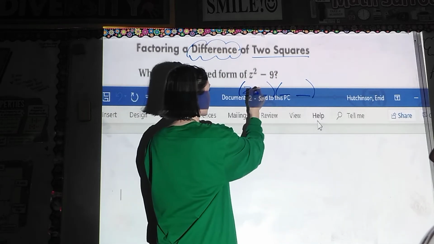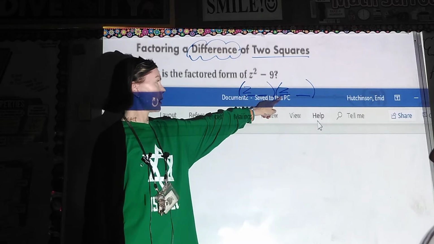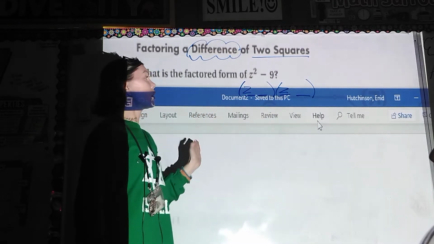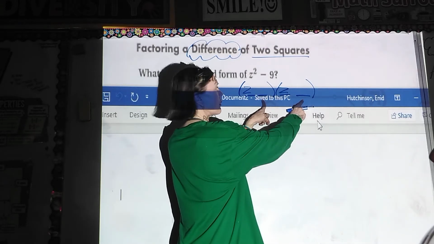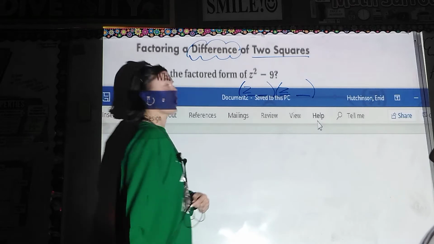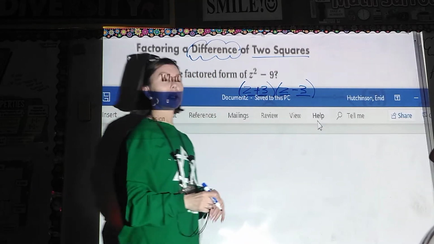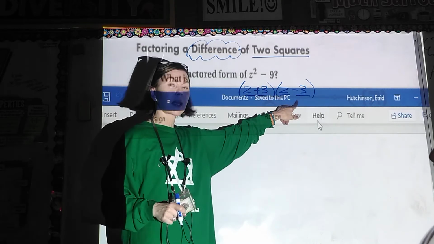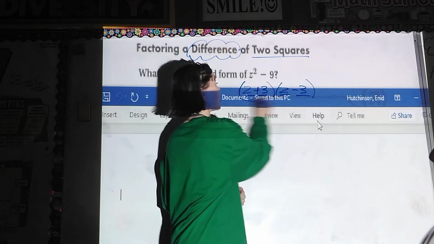Well, that's going to be z and z, because z times z is z squared. Now all you have to say is what times what gives me a negative 9? Well, that's going to be a positive 3 and a negative 3, because a positive times a negative gives you a negative, and 3 times 3 is 9, and you're done.